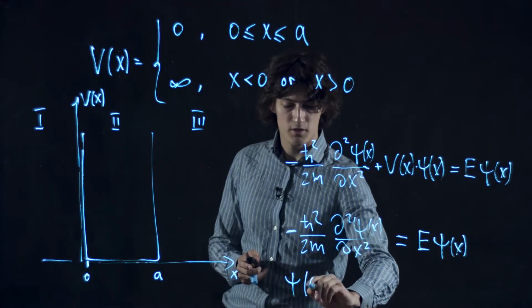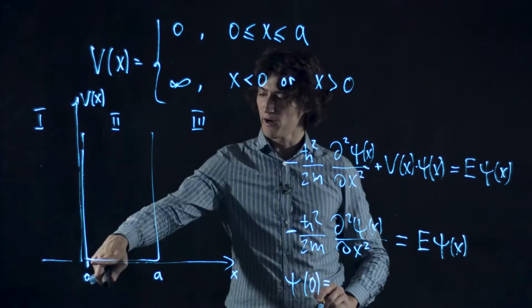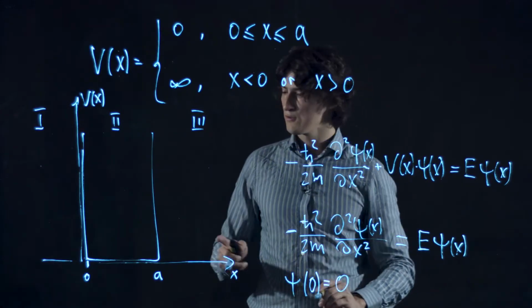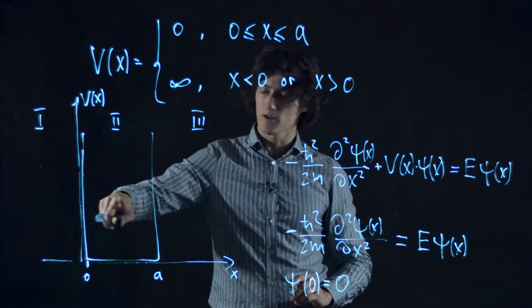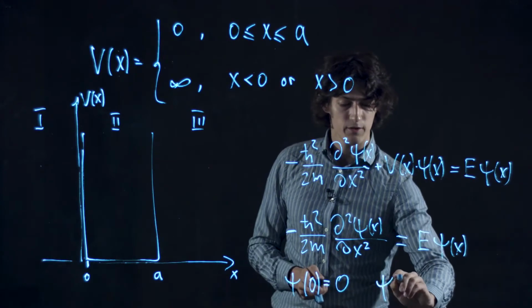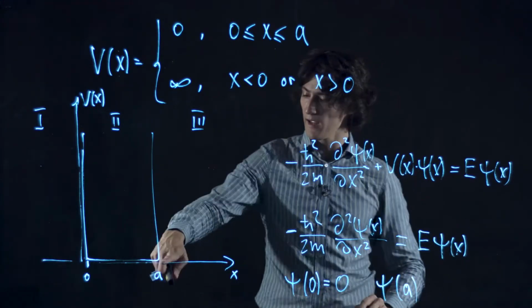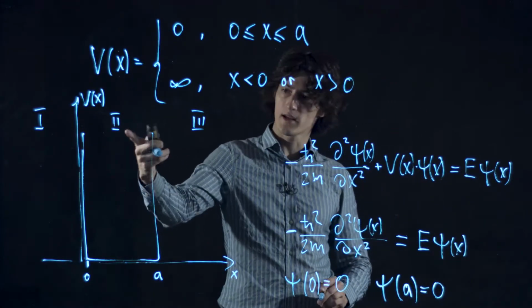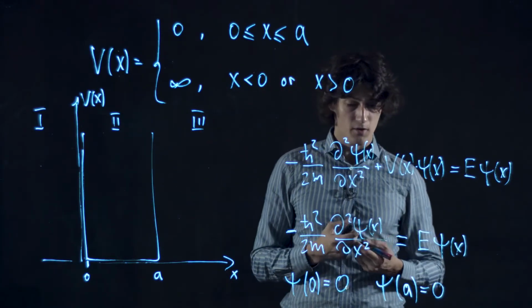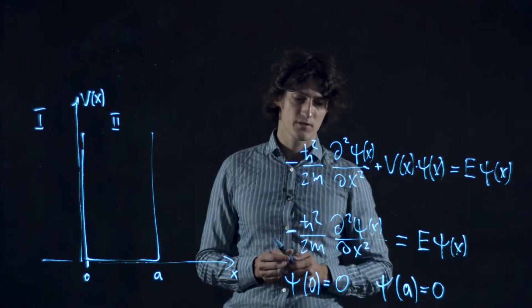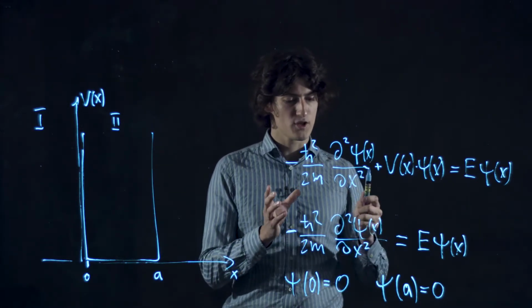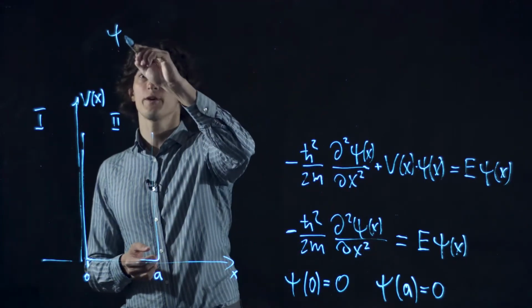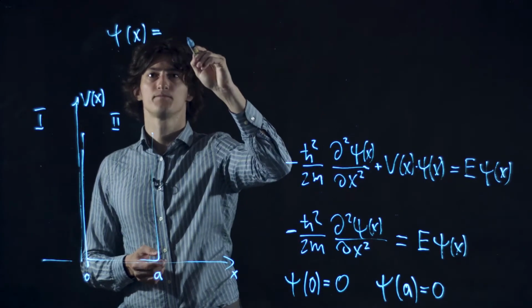The wave function should be equal to 0 at the boundary between the first and second regions to match the joining between these regions, and the wave function at point a should be 0 too, to match the joining between the second and third regions. The solution of this equation is pretty simple and is just a superposition of cosine and sine functions. So we can write down the solution.